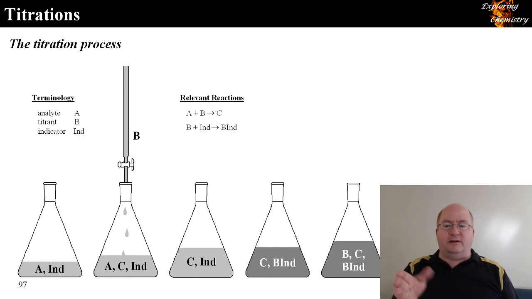So I just want to go back. The first flask was your initial conditions. The second flask was before the equivalence point. The third flask is at the equivalence point. And when you add that extra fraction of a drop that reacts with the indicator to change color, that is called the what? Jada?